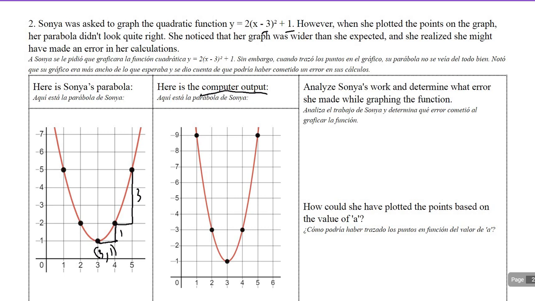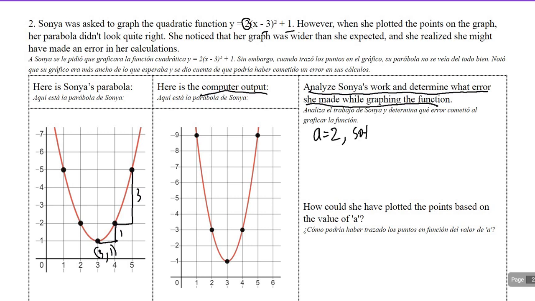Well, I think I know the mistake. I'm going to analyze Sonia's work and determine what errors she made when graphing the function. And the error that she made has to do with the fact that her a value is not 1. She has a equals 2.